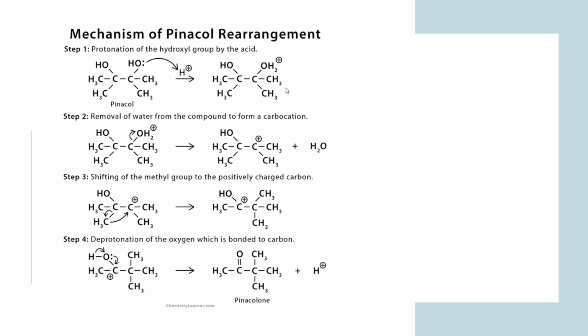So let us revise the mechanism of pinacol pinacolone rearrangement. Okay, so this is the substrate that is given to you, and when we add acidic solution to this substrate, what happens? One of the hydroxyl groups will get protonated. Okay, the lone pair of electrons of one of the hydroxyl groups will be donated to the proton present in the acidic medium, and as a result, we are going to get this oxonium.